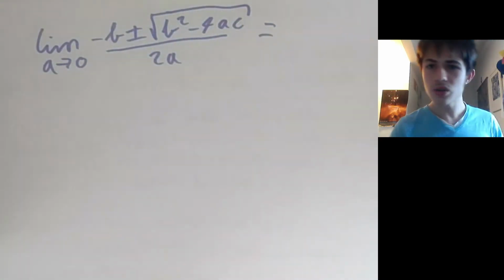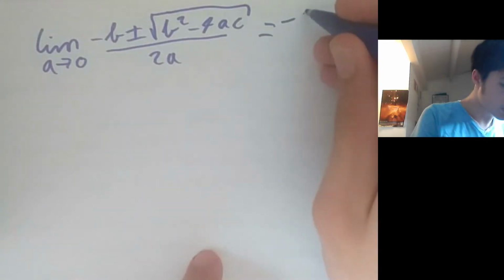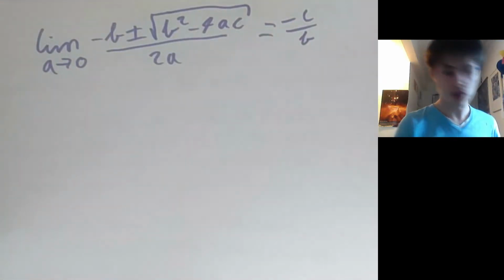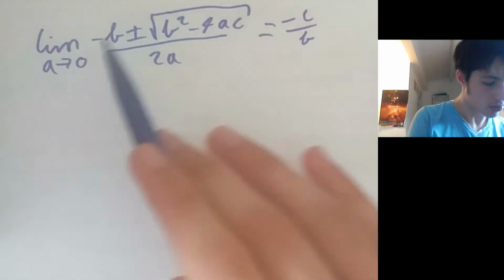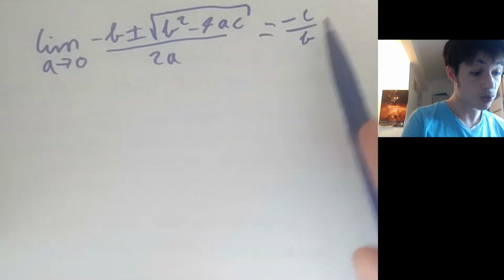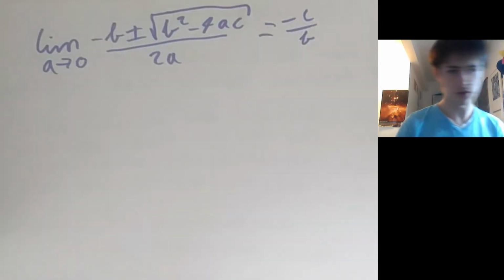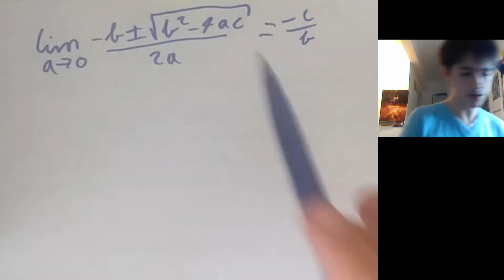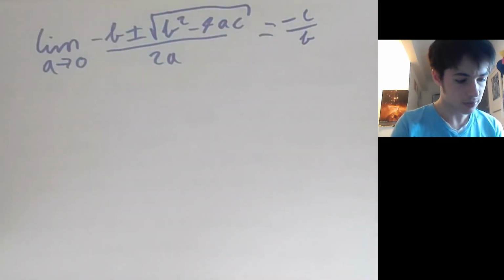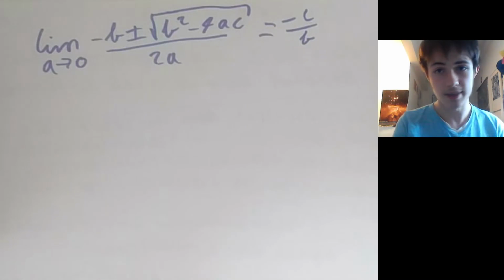It kind of looks like this would be equal to negative c over b, because as we saw earlier, when you let a go to 0, one of these two solutions looks to go towards negative c over b. Going toward is a formal way of stating that the limit is equal to that.